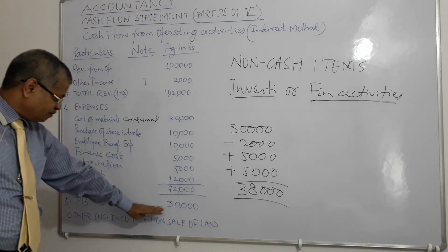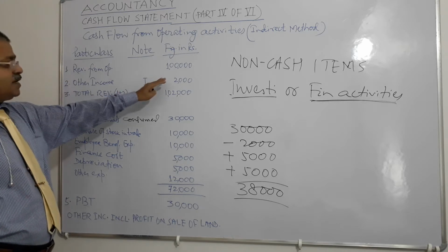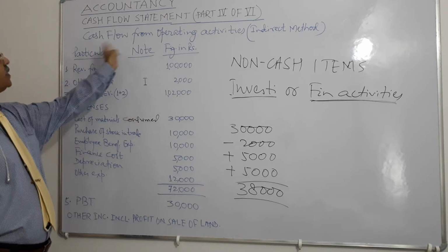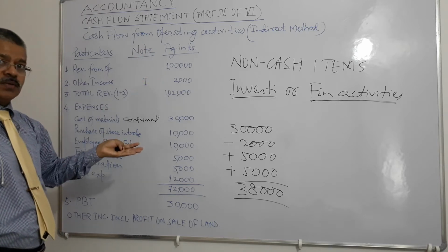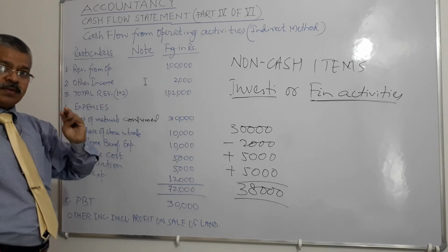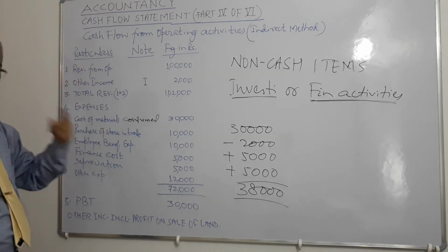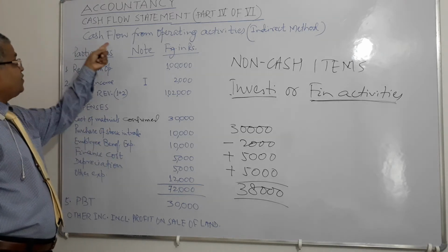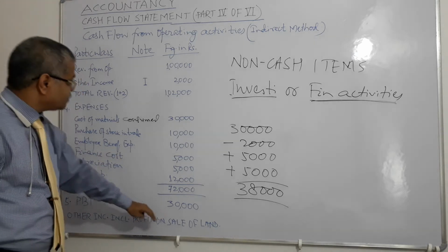So here we had come to 30,000 of PBT. This other income is on account of something other than operating activity, so it needs to go out. Since it is income in P&L, but we are interested in arriving at cash flow, it will go out, 28,000.